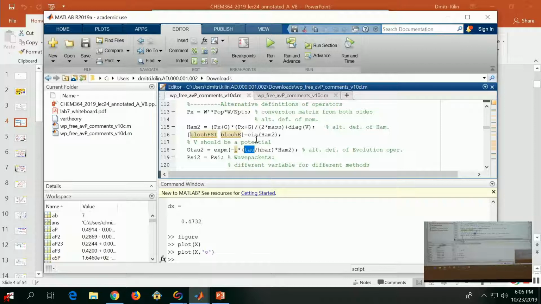But can we assume that here, it was H times delta t plus H times delta t. Is it okay? Right? So if we have this like a and this like b, can we represent e to the power a plus b as e to the power a times e to the power b? Okay?